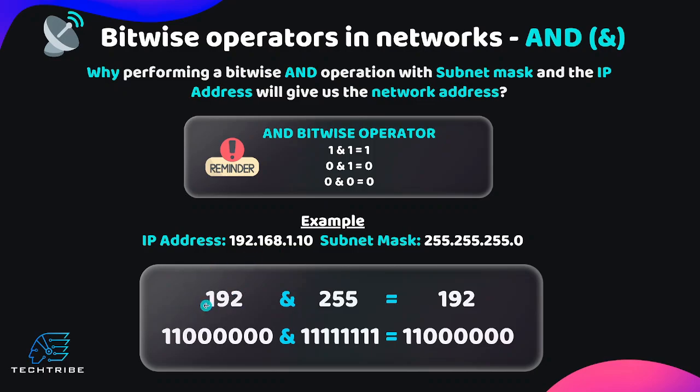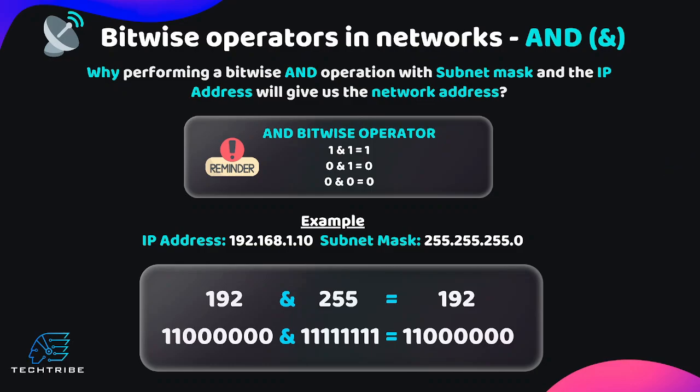The number 192 will be this number in binary, and the number 255 will be equivalent to this binary number. If you perform an AND operation with each one of these, you will get this result. So you will get the first portion of the network inside the IP address. That's how it's performed, right?